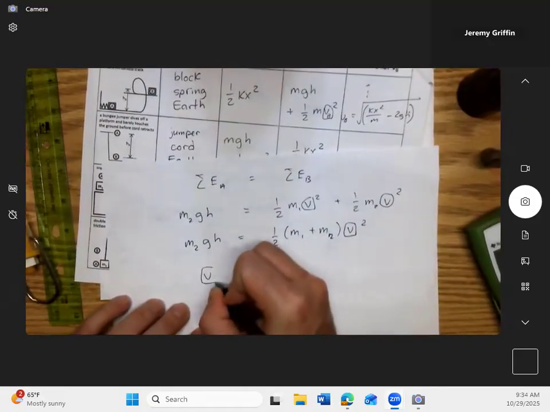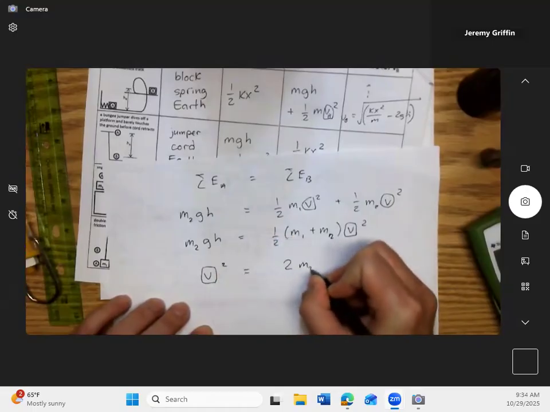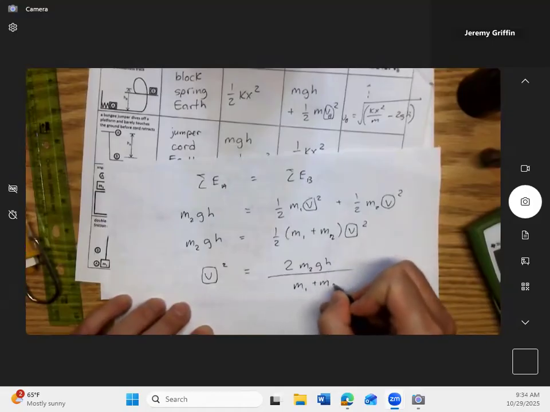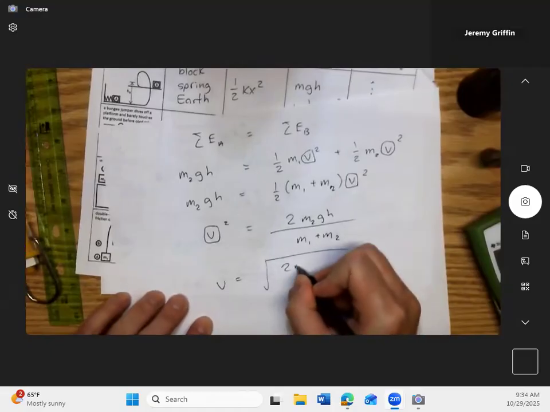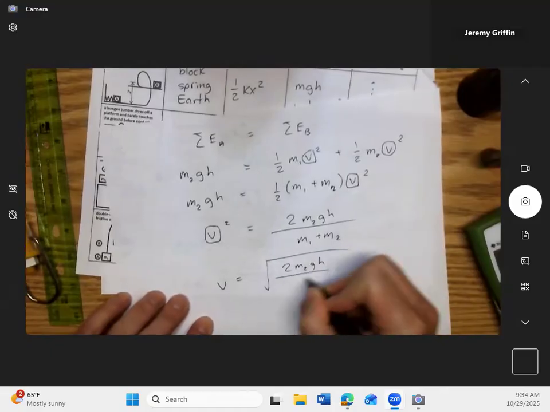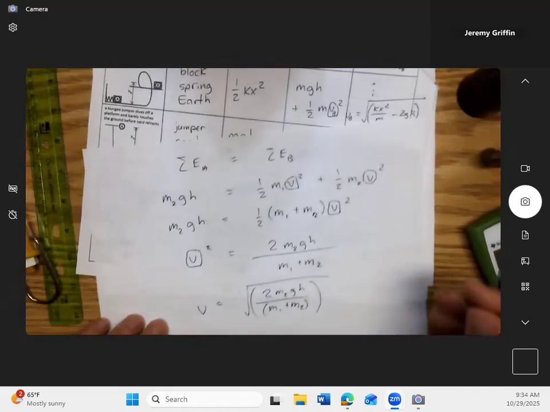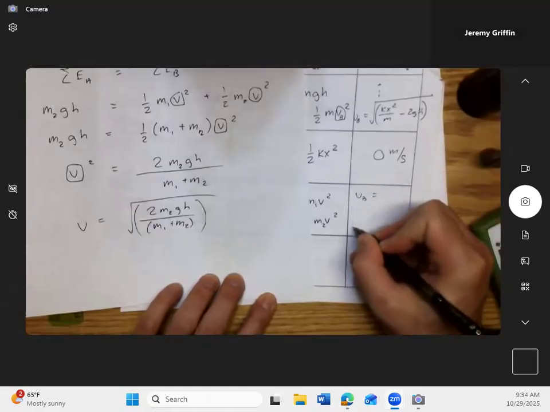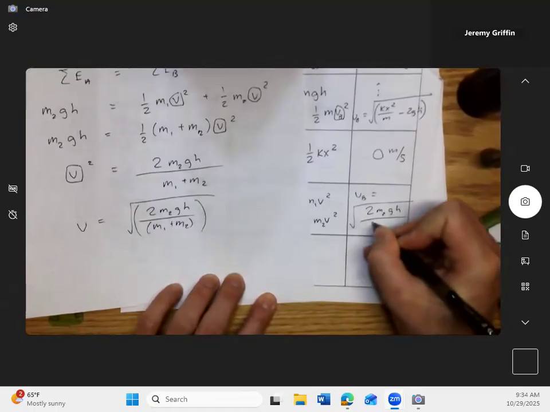So V squared equals 2 M2GH over the sum of masses. And last step, take the square root. So the speed at the bottom is the square root of 2 M2GH over the sum of masses.